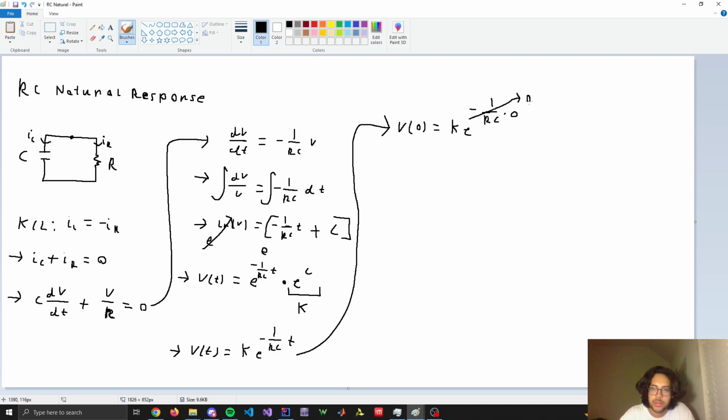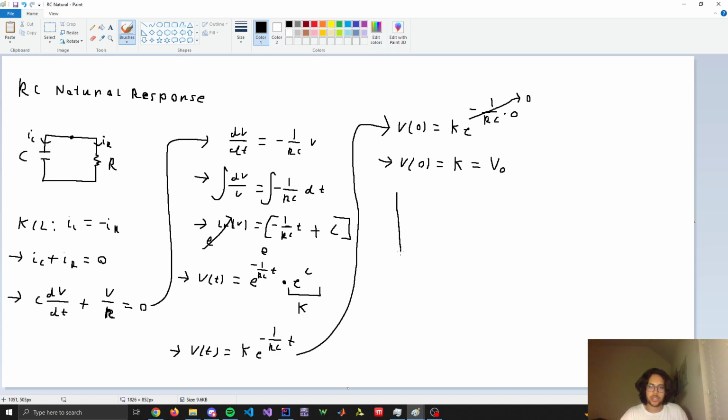So this whole exponent would go to 0. So we're left with V of 0 equals K times e to the 0, but e to the 0 is 1. So that means V of 0, the initial condition, is actually equal to the initial voltage itself, which I'll just denote by a big V sub 0.